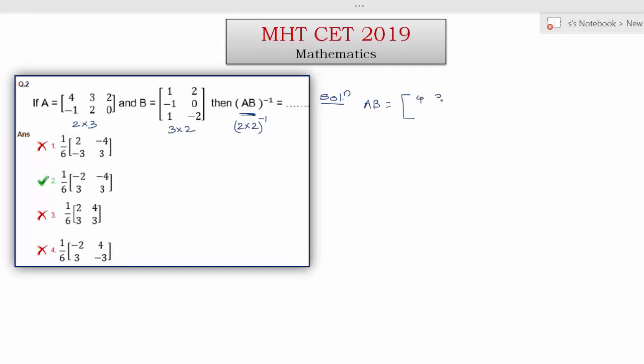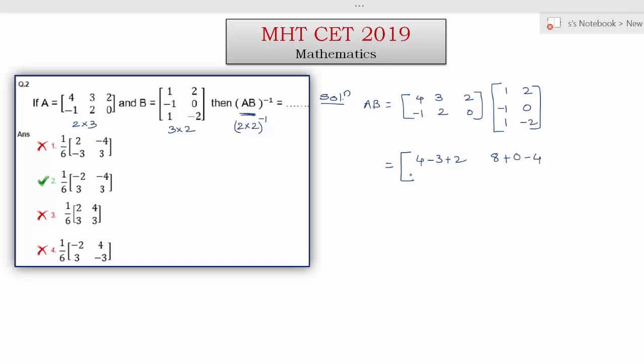So I copy first matrix 4 3 2 minus 1 2 0 into 3 by 2 matrix, that is 1 2 minus 1 0 1 minus 2. Alright, now here we'll just get 2 by 2. First row into first column, that is 4 minus 3 plus 2. First row second column, that is 8 plus 0 plus minus 4.